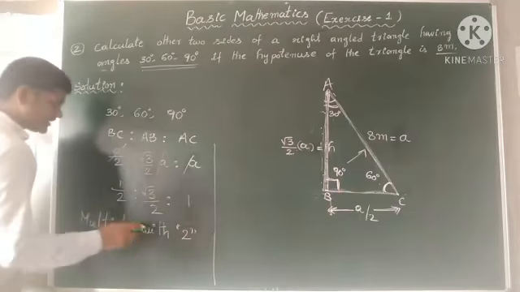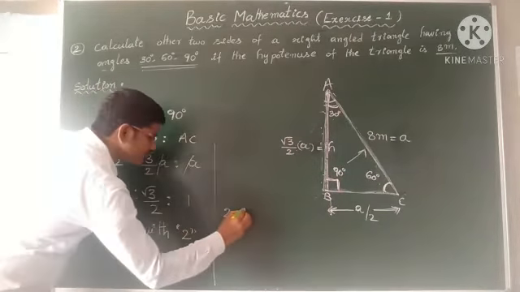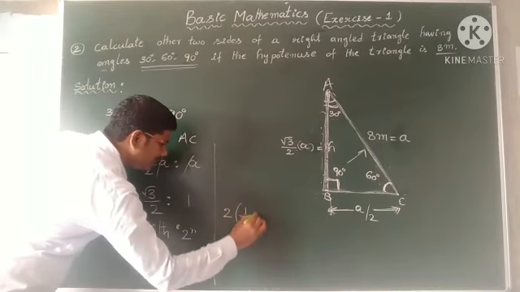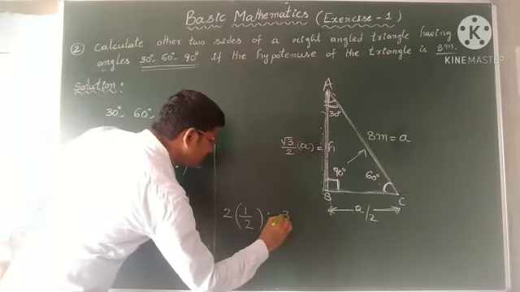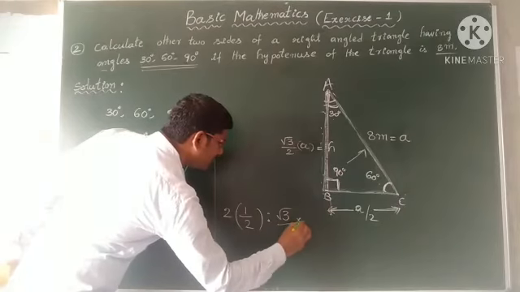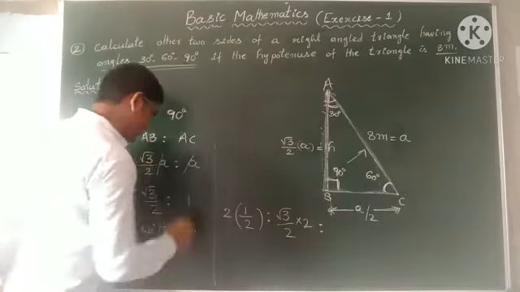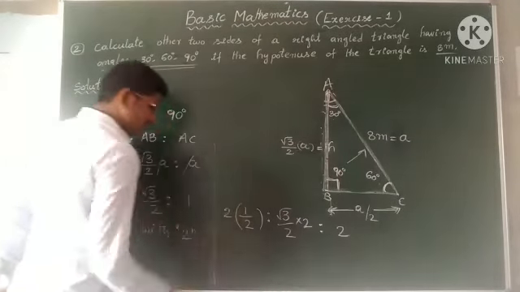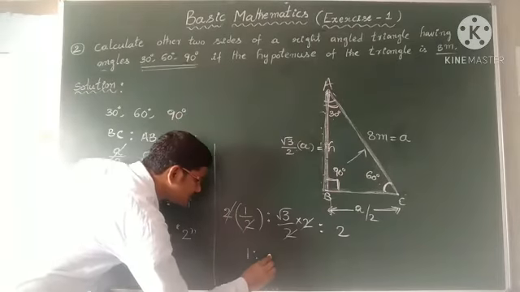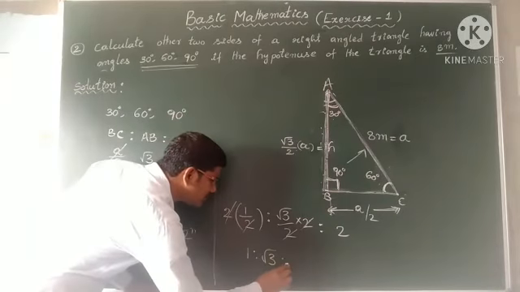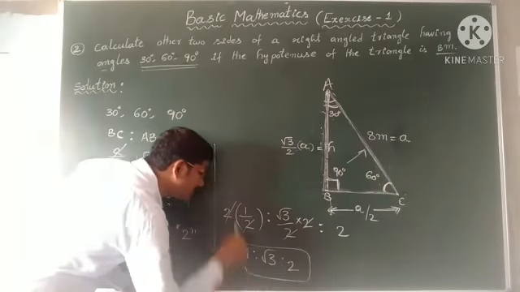Then the ratio will become 2 into 1 by 2, and root 3 by 2 into 2, and 2 into 1. Then this 2 gets cancelled, 2 gets cancelled. You will get 1 is to root 3 is to 2.